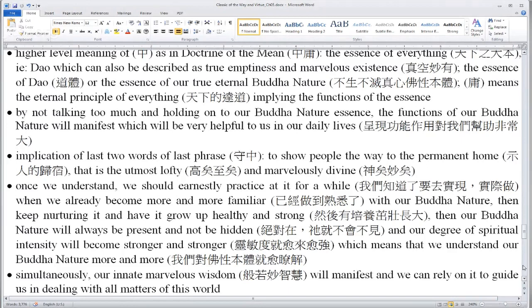But the way to successfully understand the Four Noble Truths is that we have to see it from the level of our Buddha nature. And why? Here's why.